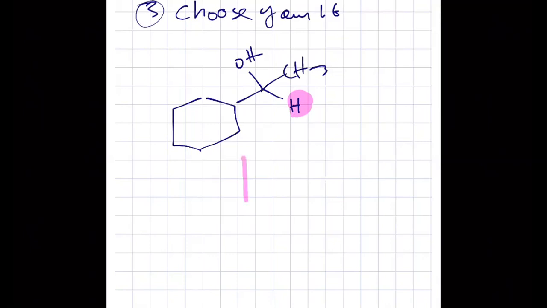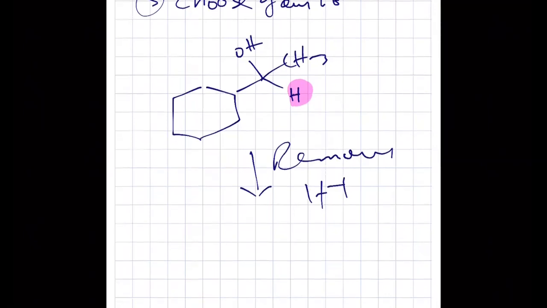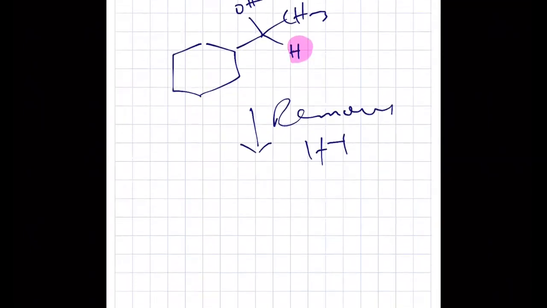So first thing I want to do: remove H plus. What would I get from that if I took off H plus from the oxygen? I should have said from oxygen. That's my fault. O minus. Good.